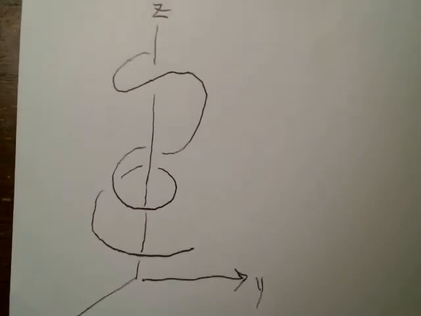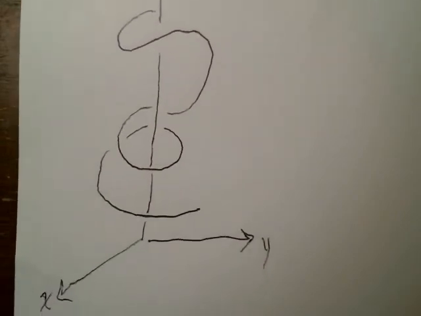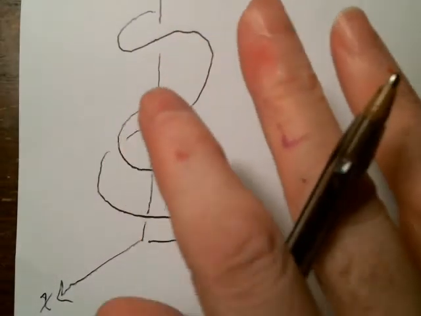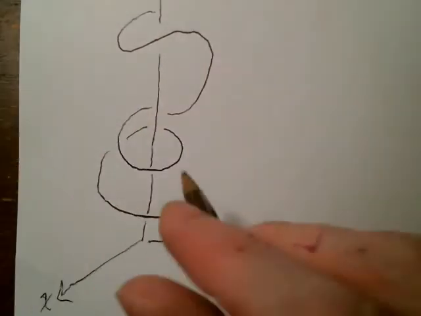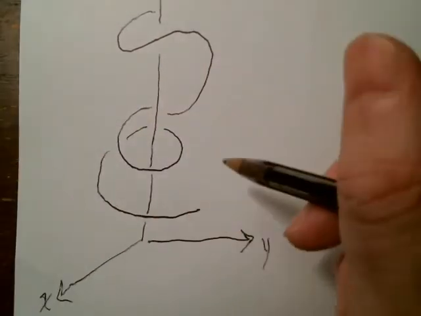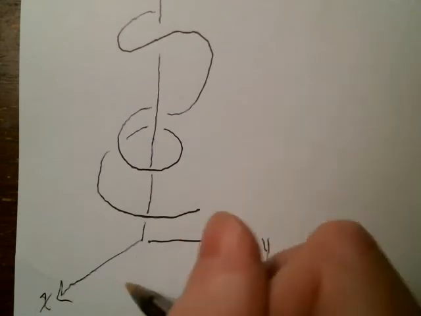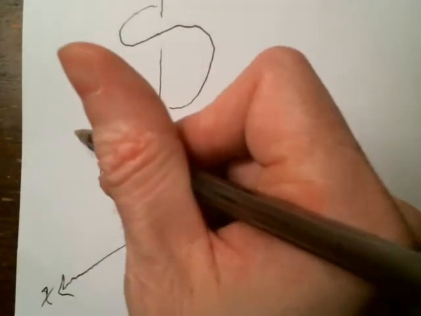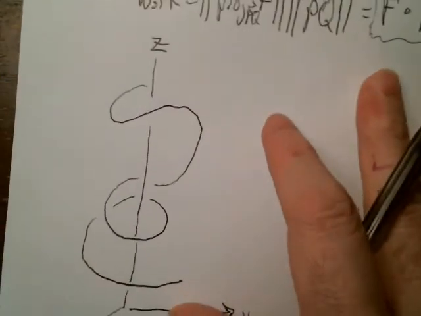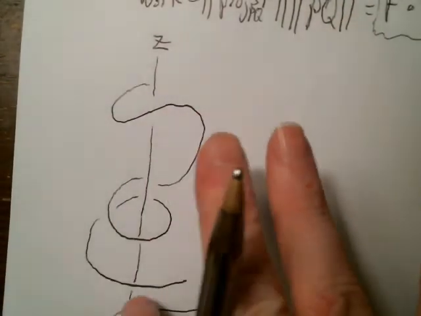Okay, and you imagine this thing is going through a vector field. So inside this space, there's a vector everywhere. So at every position x, y, z, at this point here, there'll be a vector maybe going like this. At this point here, there'll be a vector maybe going like this. And then you have this curve going through that vector field.